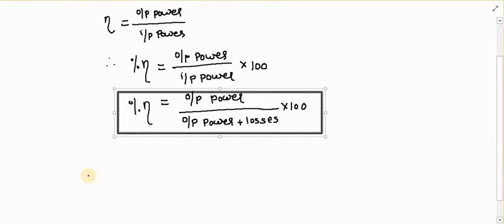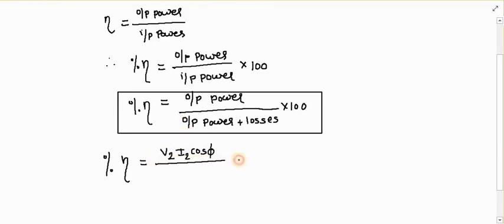So what is the output power? Again we can write this as percentage efficiency. What is output power? V2 I2 cos phi2: secondary voltage into secondary current into the cosine of the angle between both, divided by, again, the output power V2 I2 cos phi2 plus losses.